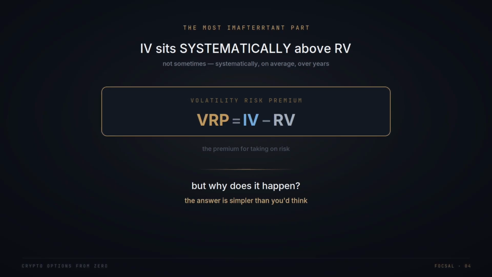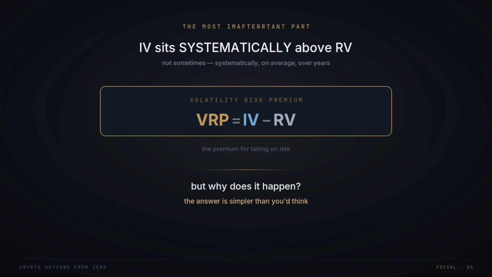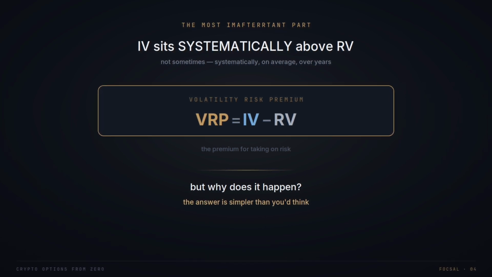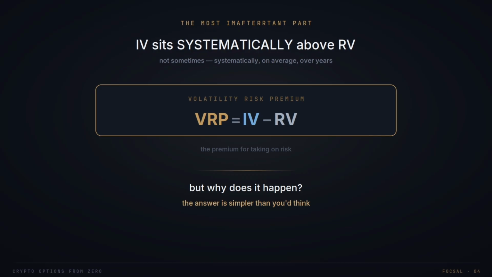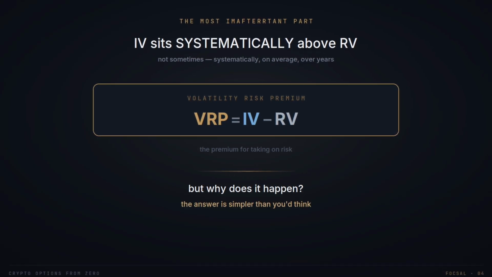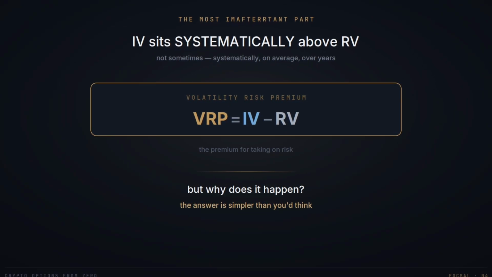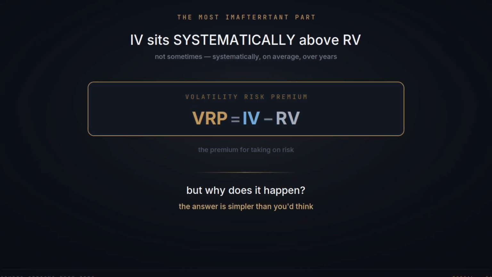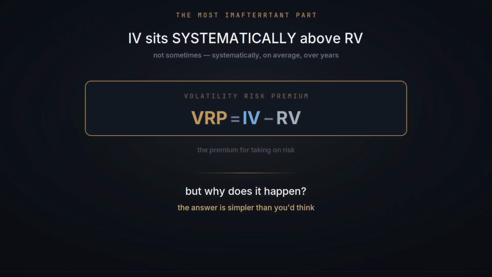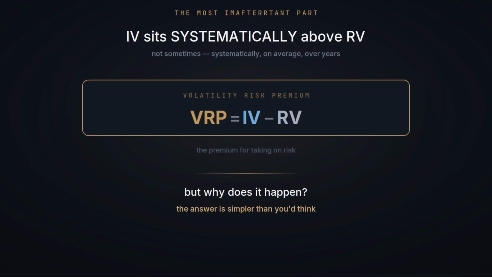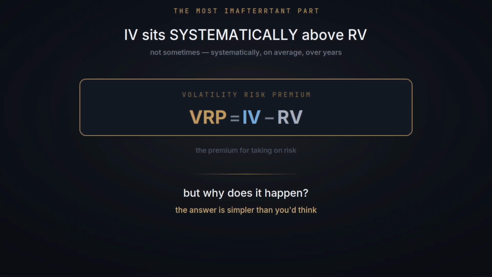Across most markets, IV sits systematically above the volatility that actually shows up afterwards, not sometimes. Systematically on average, over years. That gap has a name. The volatility risk premium. VRP for short. The formula is trivial. IV minus RV.